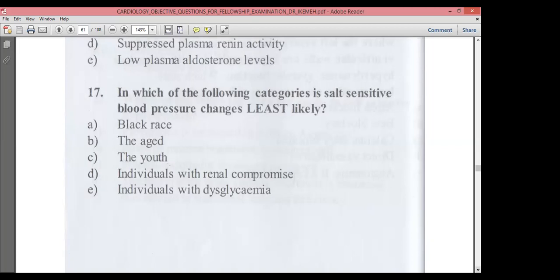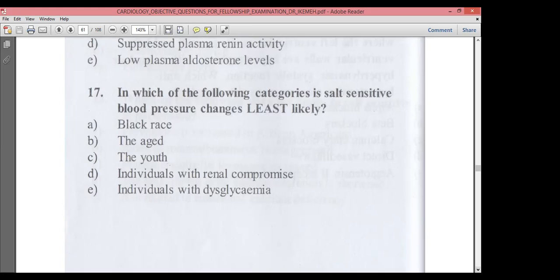Okay, so it's basically about salt-sensitive hypertension. So the black race, aged people, individuals with renal compromise, individuals with dysglycemia, they are all prone. But the odd one here is the youth. Salt-sensitive blood pressure change is least likely in young people.